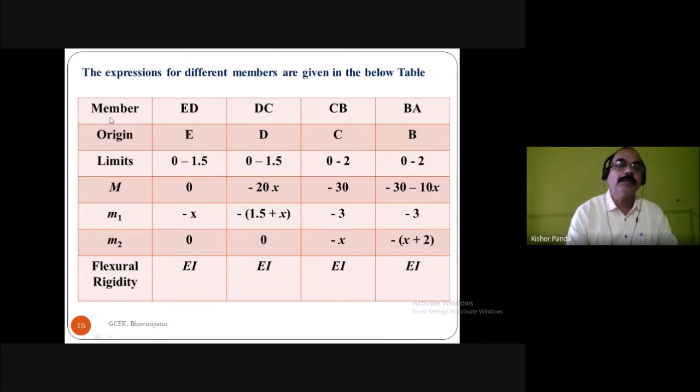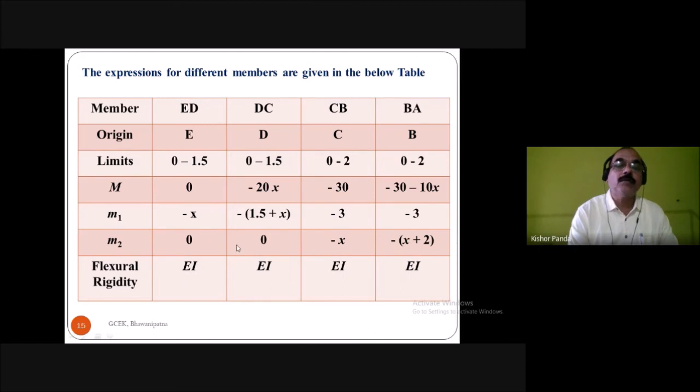These are the moments due to the external force, due to the unit vertical loading at E, and due to the unit horizontal loading at E. Flexural rigidity is given constant, so you take EI for the entire structure. That is your constant EI.